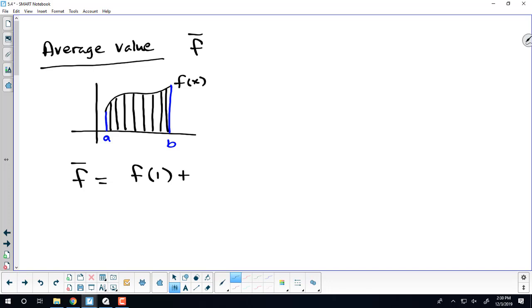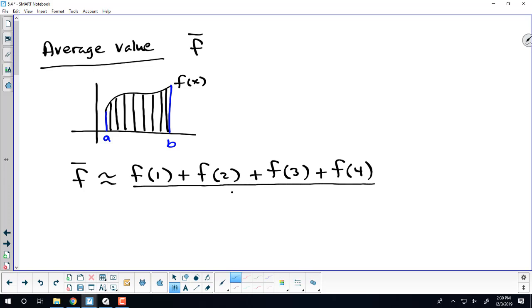Let's say, approximately, I say f of 1 plus f of 2 plus f of 3 plus f of 4, or however many rectangles I used, right? I'm adding up 4 things, and then I divide that through by 4. That's going to give me an approximation to the average. But in order to get the exact average, I need to add up infinitely many of those things.